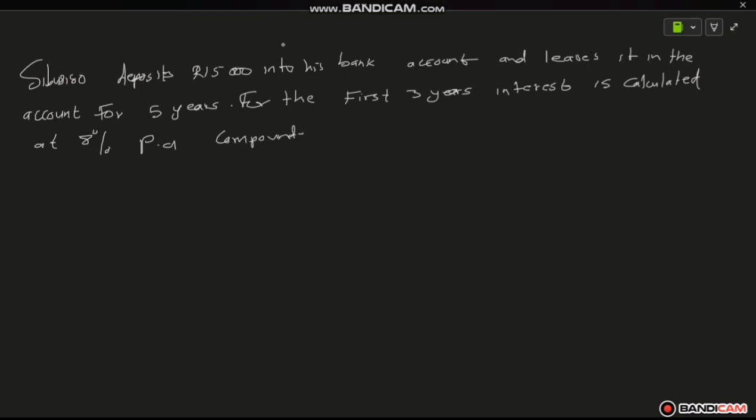This is very, very important. So here in finance, you must be able to interpret the statement and make sure that you understand it. The total number of years is 5, but they are dividing that 5 years into 2 or 3, as we are going to see as I'm writing the statement right here.